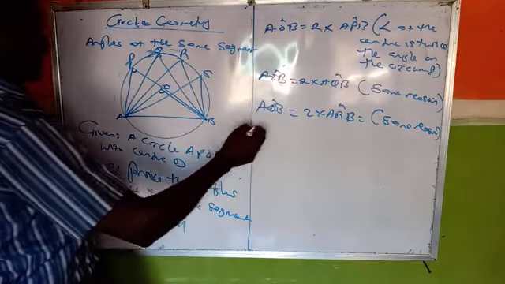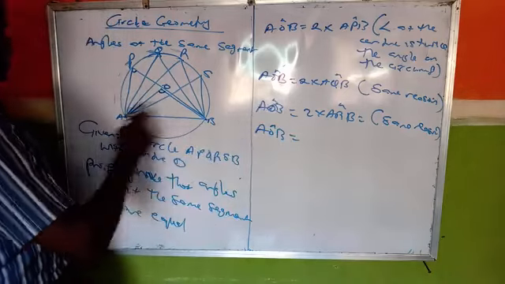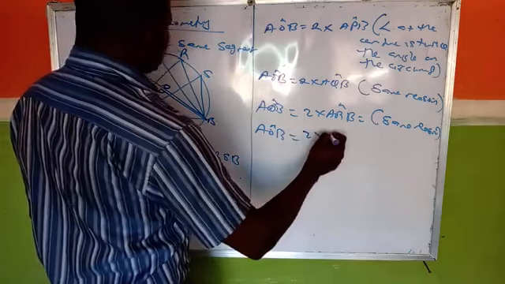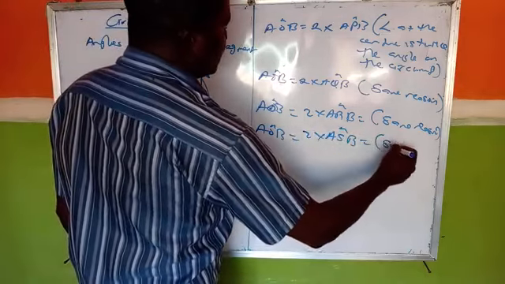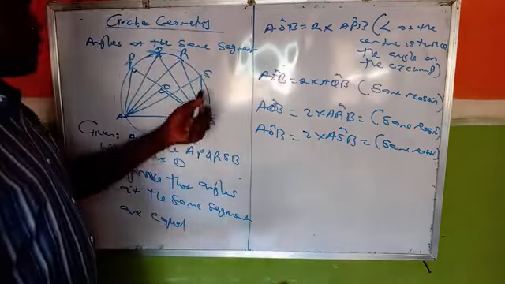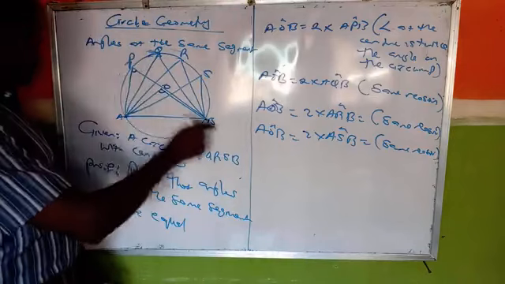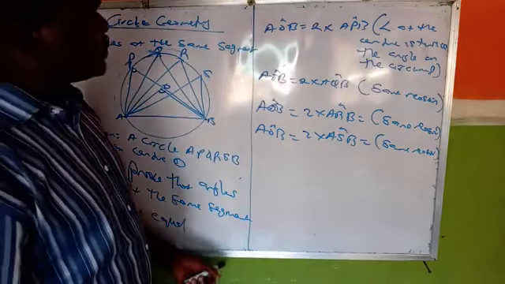So lastly, angle AOB is equal to 2 times angle ASB. So you have them with the same reason. Now look, all these have the same reason. So what do you see?